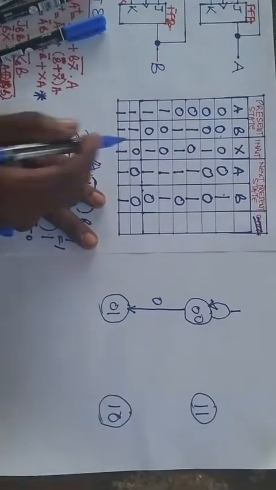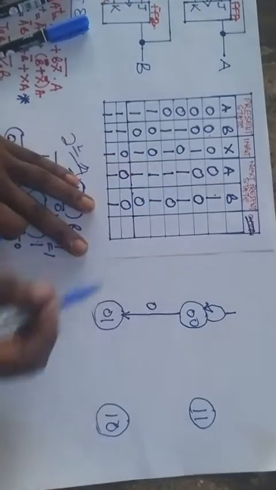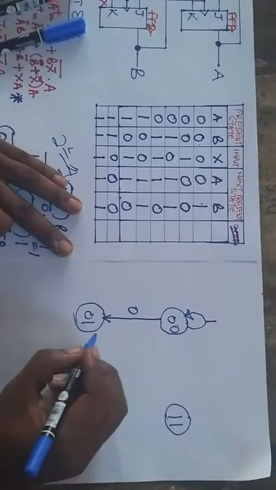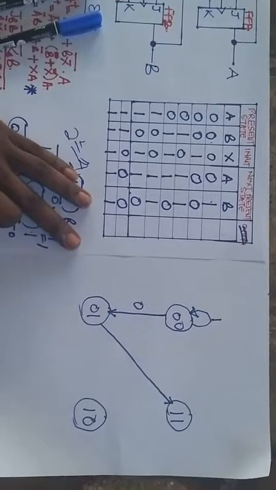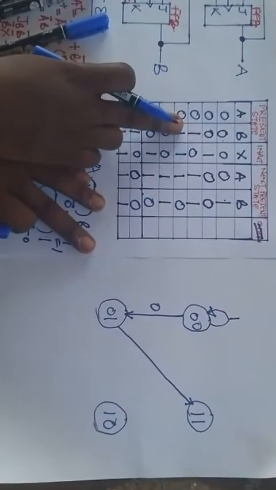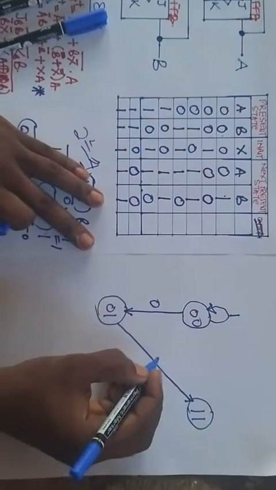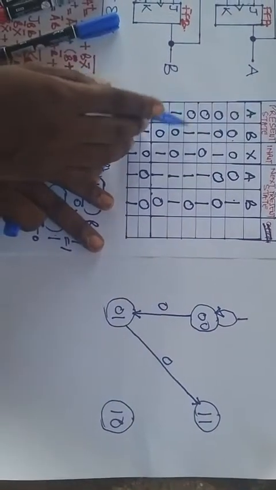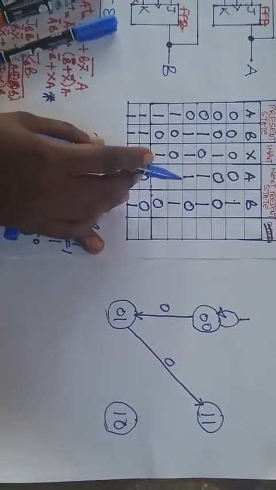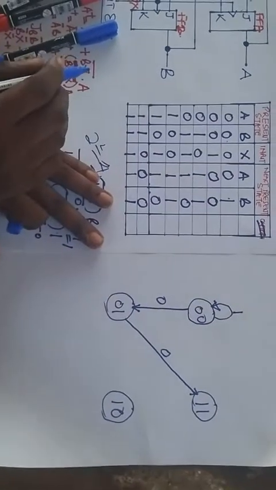Right, now at 01, it went to what? 11. The next state is 11. So 01, it went to 11, and what caused that is 0. At 01, it came to 10 when the input is 1, right?